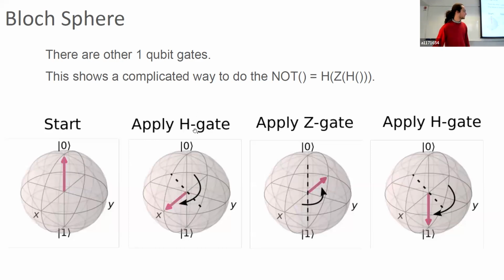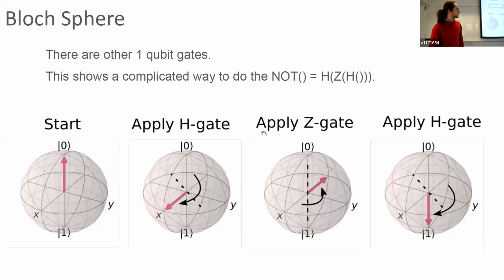It's a very important gate in quantum mechanics. When you start from a qubit in a state of 0, the Hadamard gate brings your point onto the equator, on the x-axis, because it's a rotation of 180 degrees around this axis at 45 degrees.